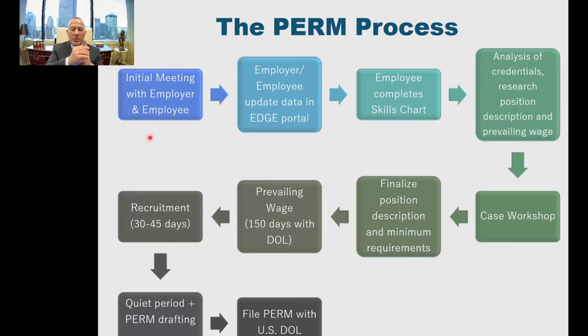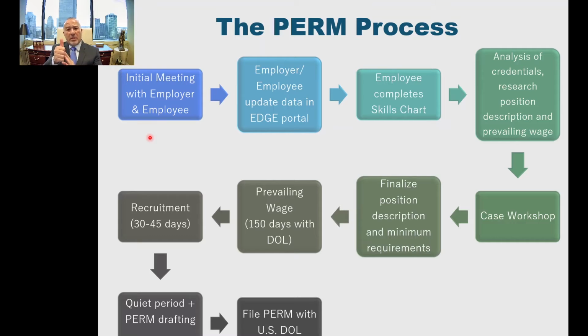That's the job of the employer. The job of the employee is to provide me with a clear history of their employment and educational background, and also what they bring in terms of skills to this particular job.